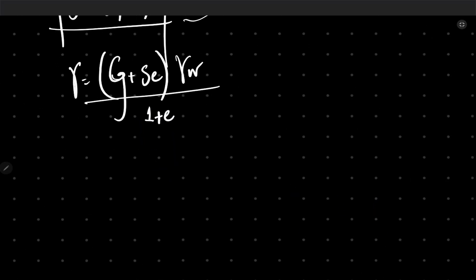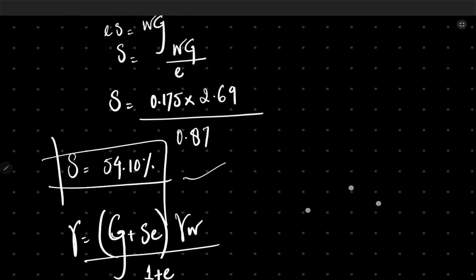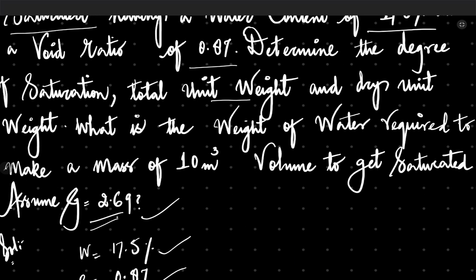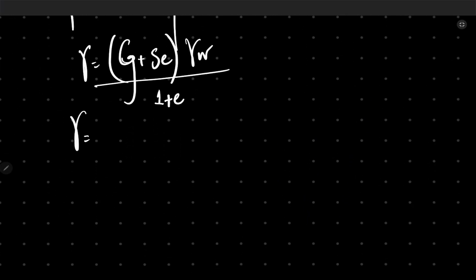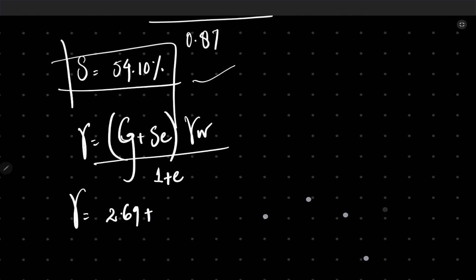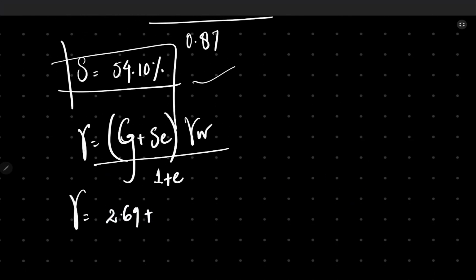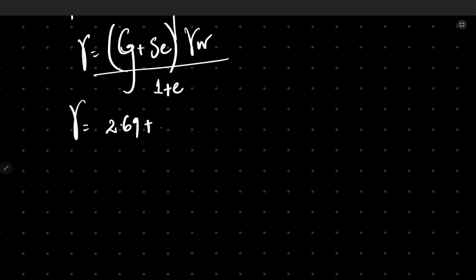So let's substitute the values and find the value for the total unit weight. G is 2.69. Degree of saturation we just calculated as 54.10% multiplied by the void ratio, which is 0.87.